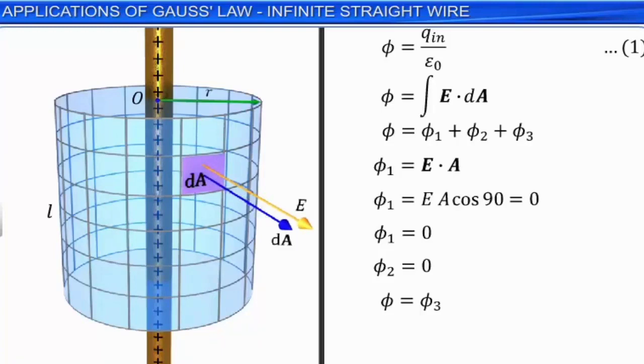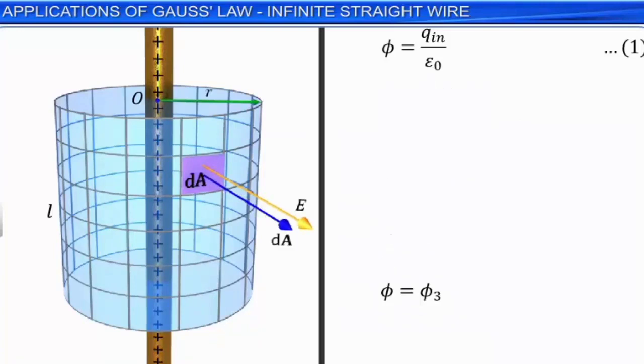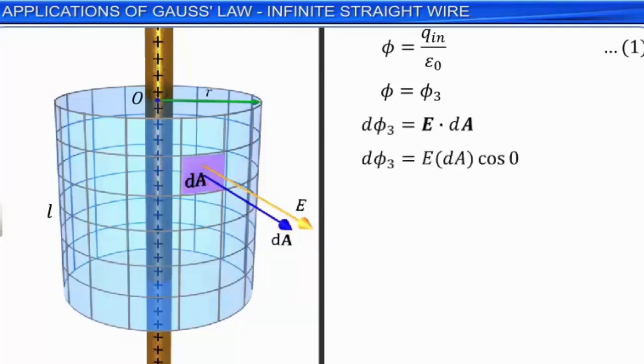Since E will be parallel to the vector dA, we have electric flux d phi 3 passing through the element equal to E dot dA, which will be equal to E dA cos 0, and this will then be just equal to E dA. Let this be equation 2.